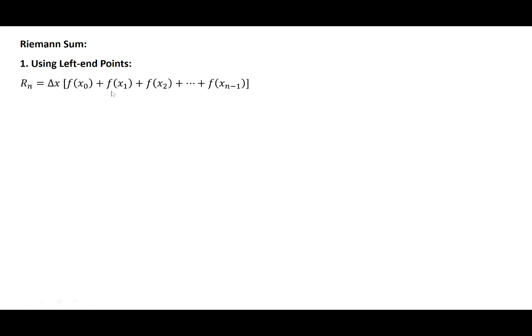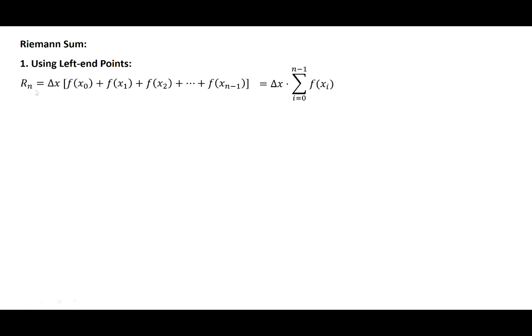Similarly, the second rectangle's height would be the function's value at the left end point of that second rectangle, which happens to be x sub 1. And so on. So the nth rectangle would be f of x sub n minus 1, the value of the function at that n minus 1th point. Cool? So this is based on the left end points in a general case.